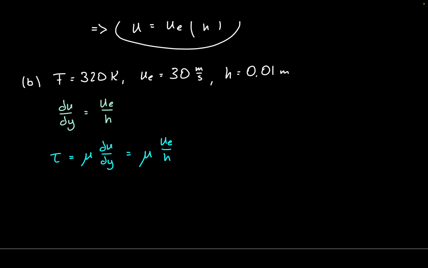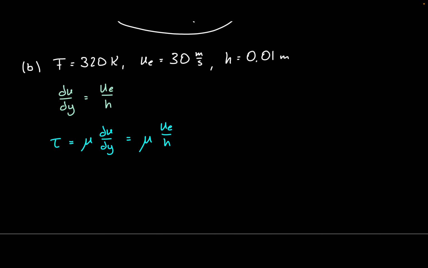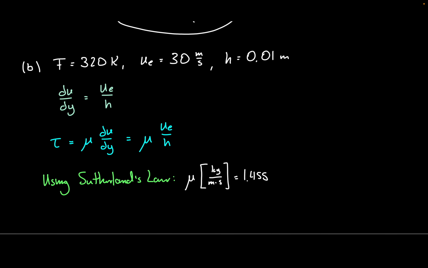Now with mu, there's actually a relation between viscosity and temperature, and this is called Sutherland's law. So we can say, using Sutherland's law, we can get that mu in the units of kilogram per meter second is equal to 1.458 times temperature in Kelvin to the 1.5 divided by the same temperature plus 110.4, and then this will be times 10 to the negative 6.